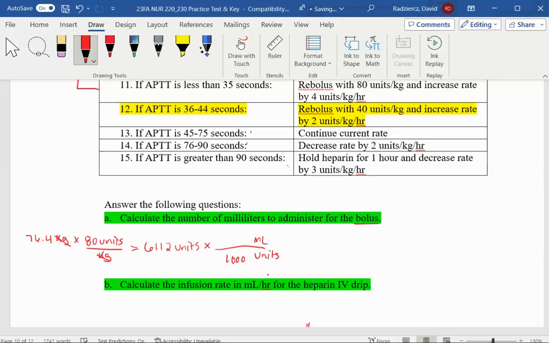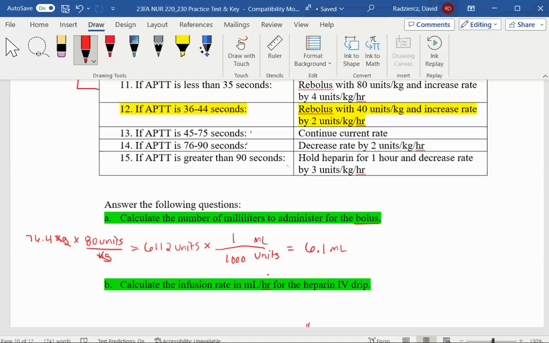So I'm going to get an answer rounded of 6.1 milliliters. So if I have a 168-pound patient, 80 units per kilogram body weight, 6,112 units, divide by 1,000, and I'm going to get 6.1 milliliters as my bolus dosage strength.